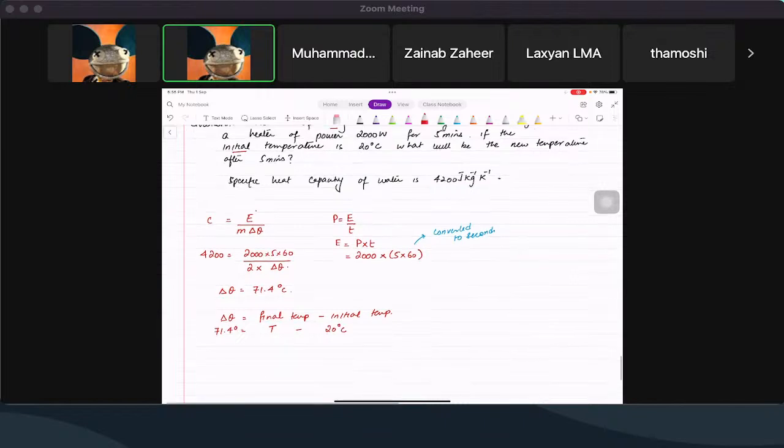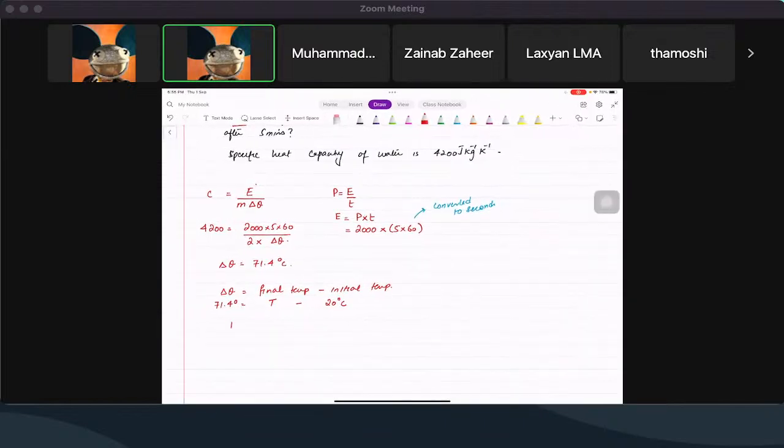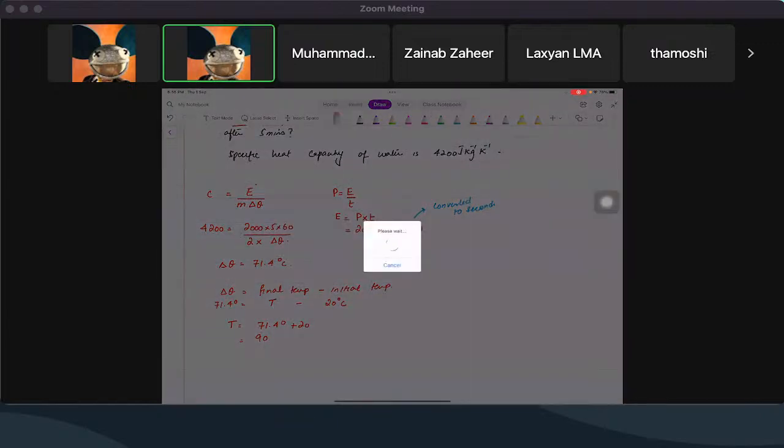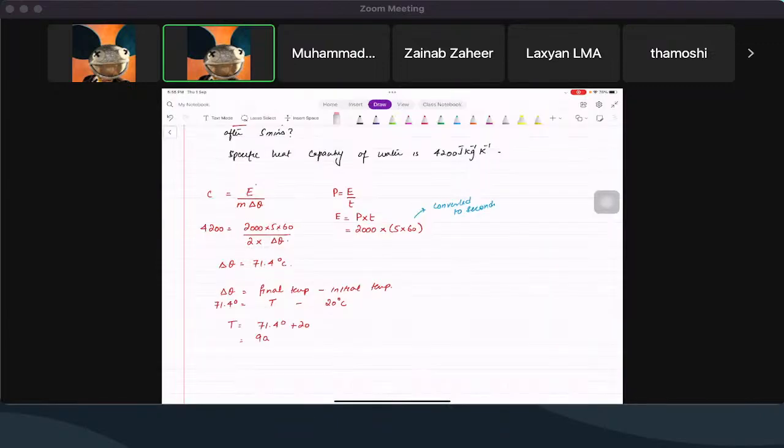So the temperature will be equal to 71.4 plus 20, so that's going to be 90... wait, 91.4 degrees will be the new temperature. Is it clear?